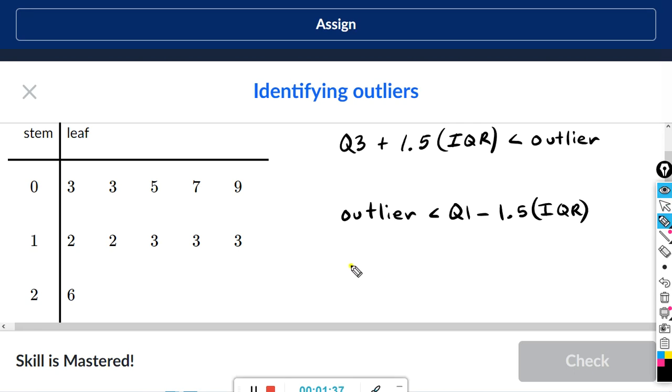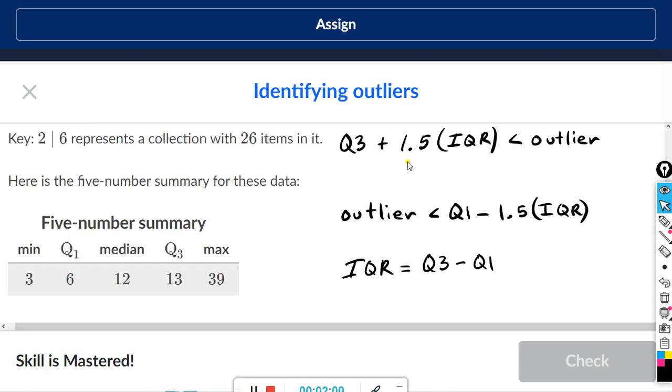Just to refresh your memory, IQR, or the interquartile range, equals Q3 minus Q1. When you get that value, you plug it in place of IQR. You might want to write down these formulas in your notes.